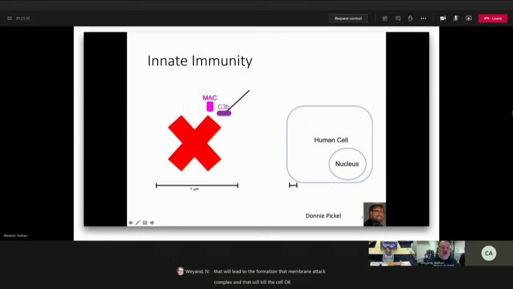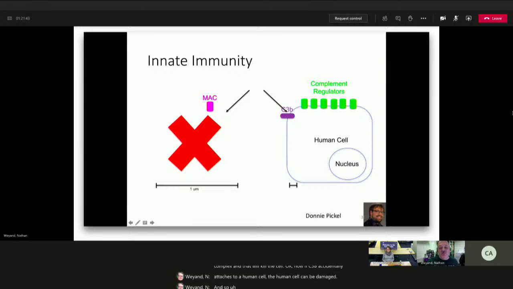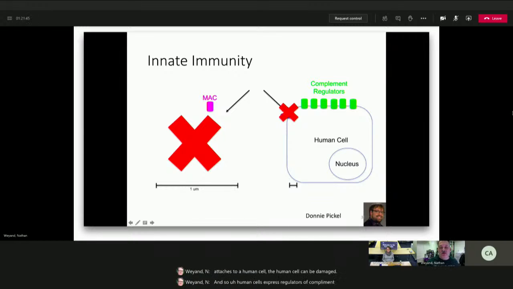Now, if C3b accidentally attaches to a human cell, the human cell can be damaged. And so human cells express regulators of complement that can destroy the activity of C3b and protect the human cell from complement damage. So the cell remains happy, okay?